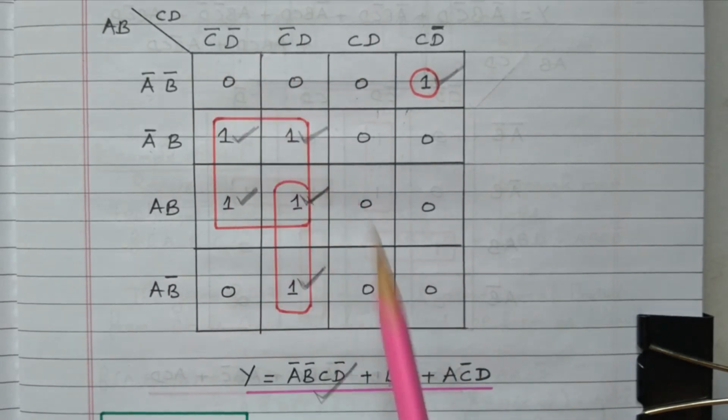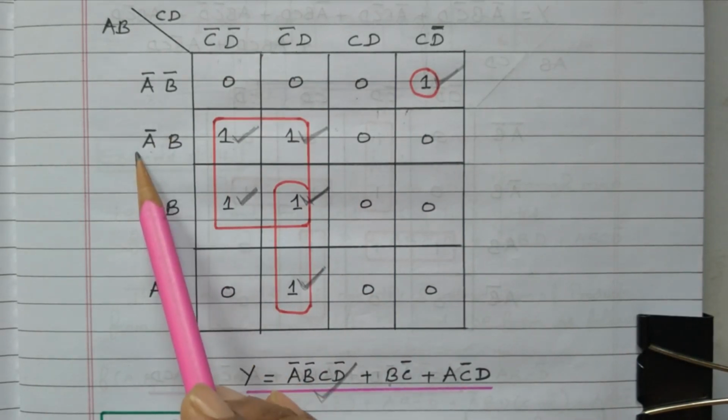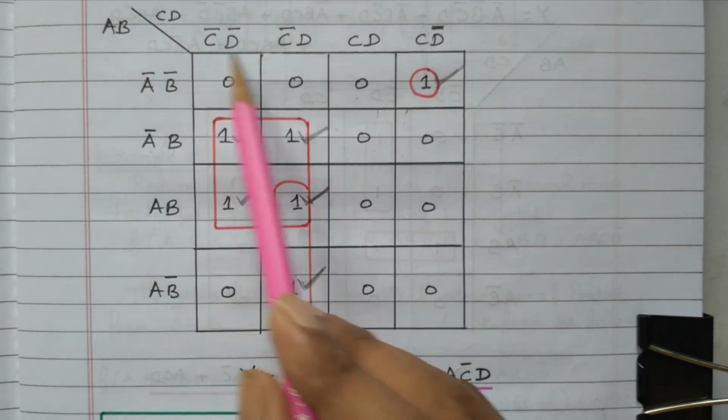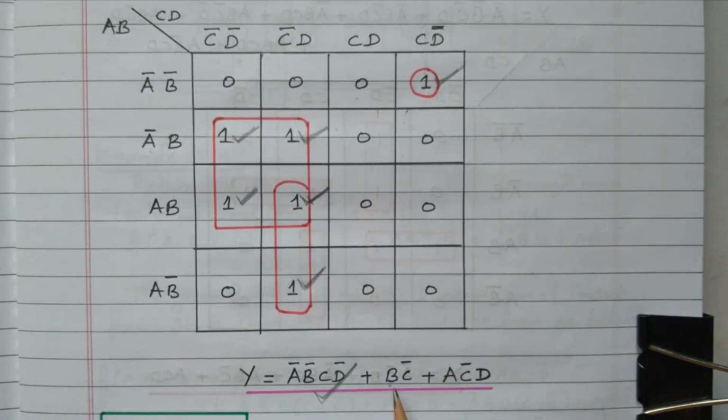What we have? C bar. That C bar is written. So while analyzing these 2, A bar, A got cancelled, only B is there. While analyzing these 2, D bar, D got cancelled, only we have C bar. So that B C bar is the final expression we got by combining these 4 cells.